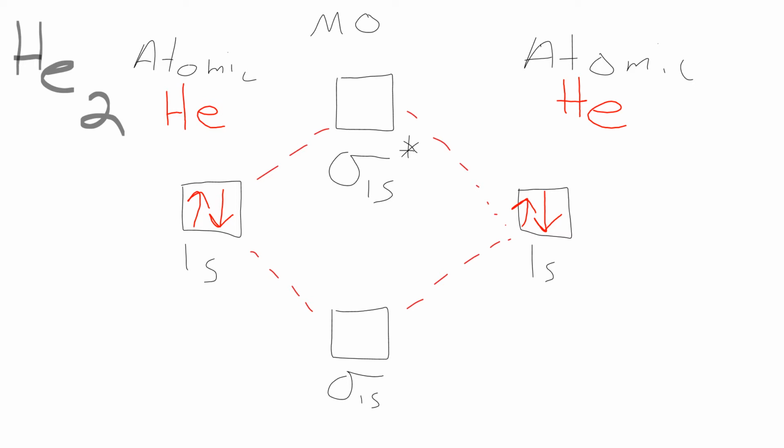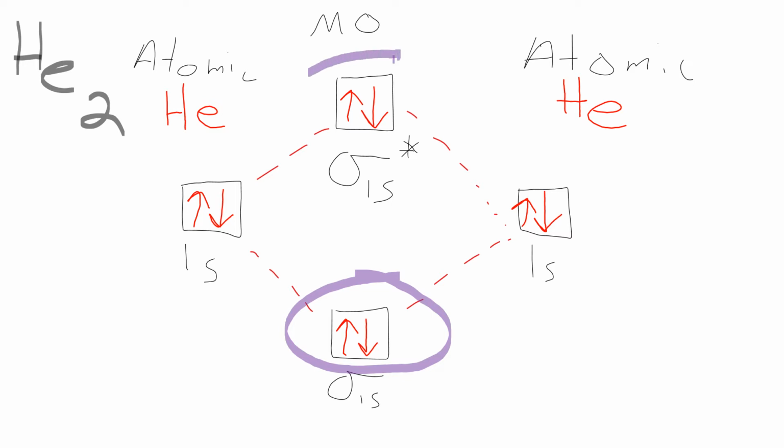Well, we know where the first 2 would go. The first 2 would go in this sigma 1s bonding orbital. The next 2 would go in this sigma star 1s anti-bonding orbital. So that's what the molecular orbital diagram would look like. Now, when you look at this, what do you see? Well, on the bottom, you end up having 2 electrons in this bonding orbital. But what do you have on the top? 2 electrons in that anti-bonding orbital.